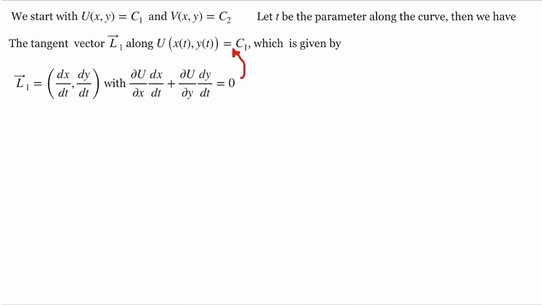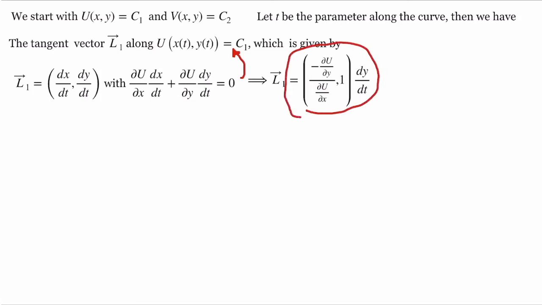So this is nothing but saying that you have a family of curves u(x,y) equal to constant. Now we can substitute this back into our tangent vector and write this cumbersome equation, but actually it is fairly simple. You can see that dy/dt factors out.